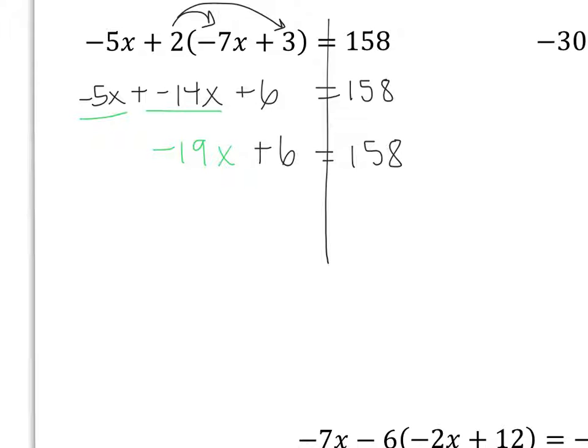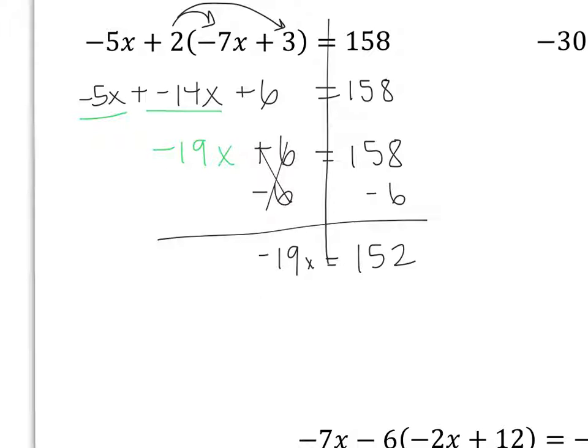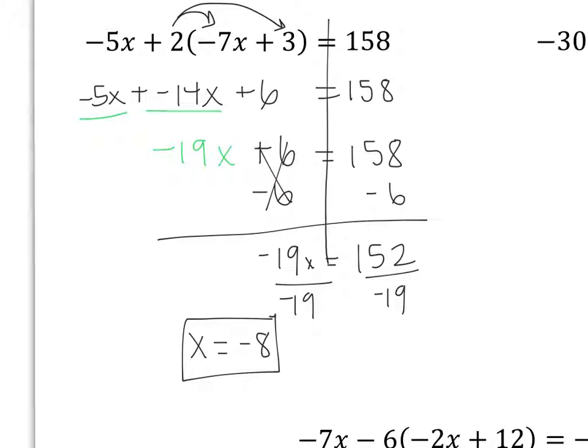So I want to isolate my variable x, so I'm going to subtract 6 from both sides, and I'm left with negative 19x equals 152. Last step to undo a multiplication problem is to divide by negative 19. So x equals here negative 8. Again, as you are taking your time and slowing down, it's always a good idea to take your answer and plug it back into the original equation in for the variable, and to make sure that your answer is correct and it works.